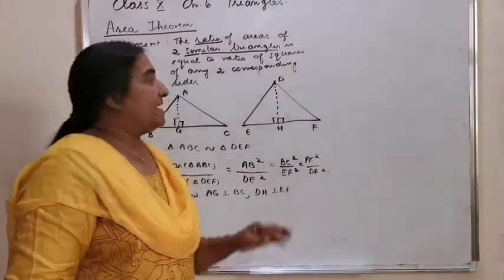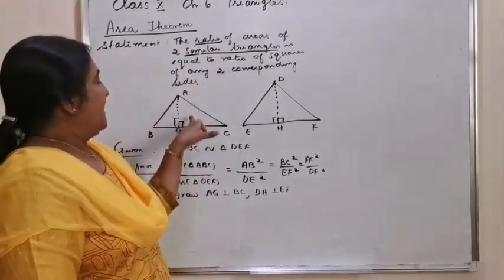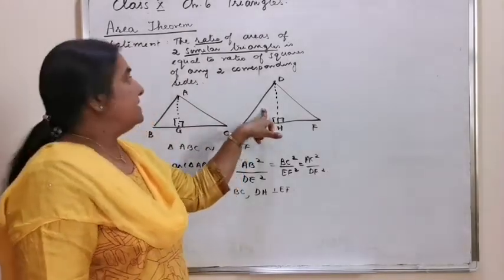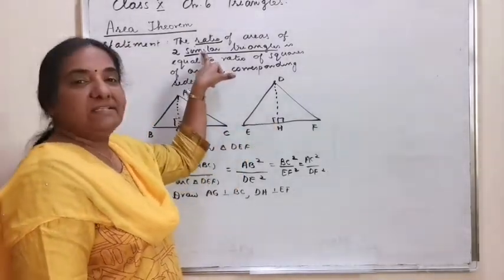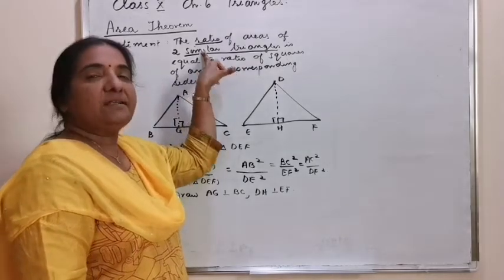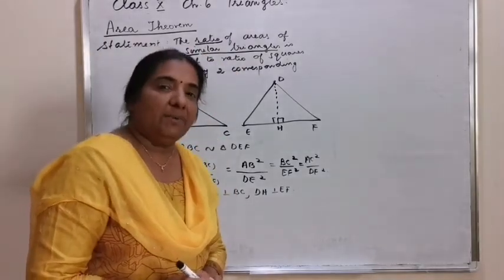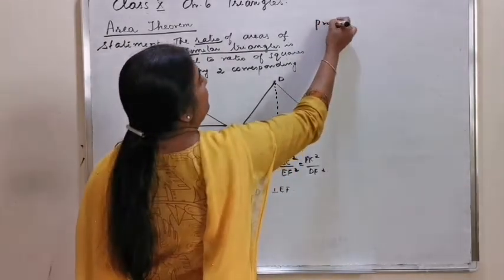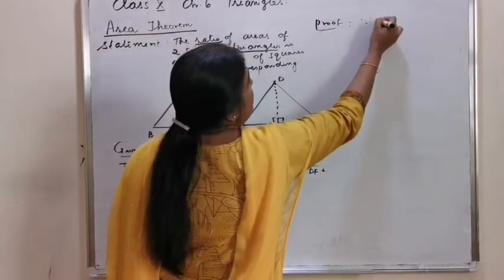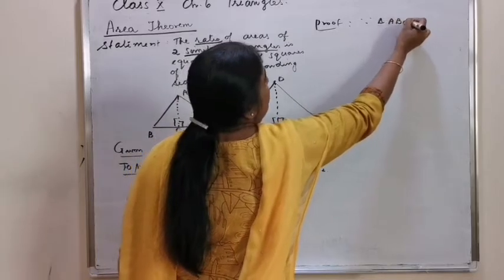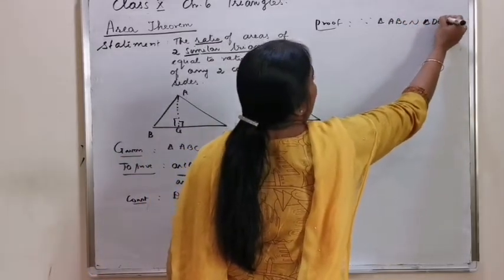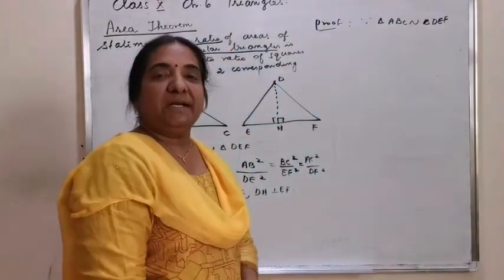What type of triangles are triangle ABC and triangle DEF? It is given that the triangles are similar. Let's start the proof by writing about similar triangles. Proof: since triangle ABC is similar to triangle DEF, what are the two conditions?